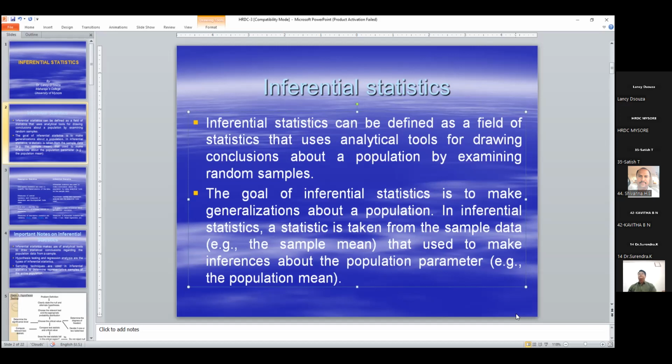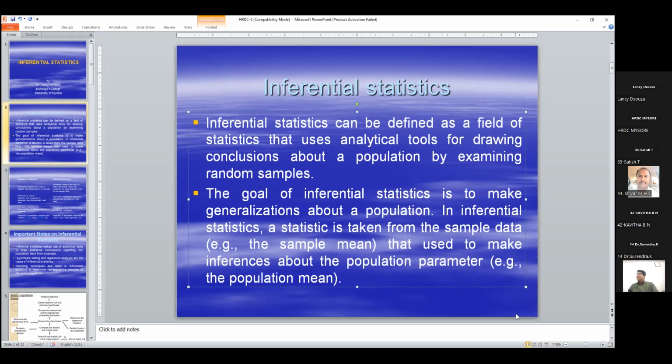Then based on that representative sample, you collect the data. Then you perform inferential statistics based on the hypothesis and objectives which you have formulated. Then later, you can generalize the findings from the sample to the population in general.